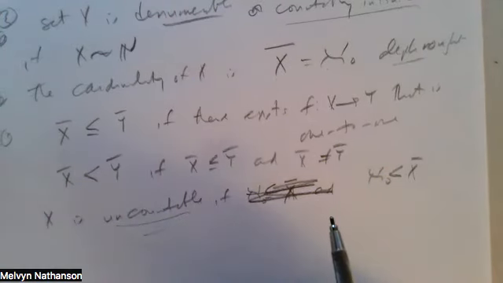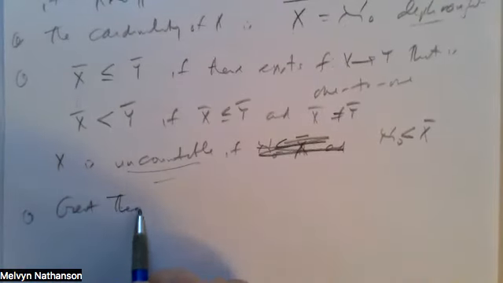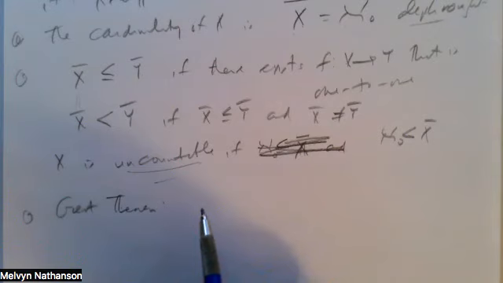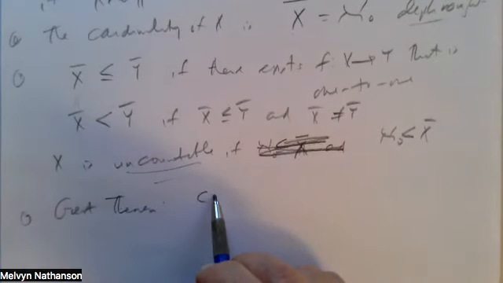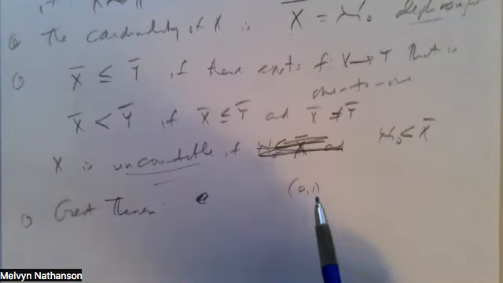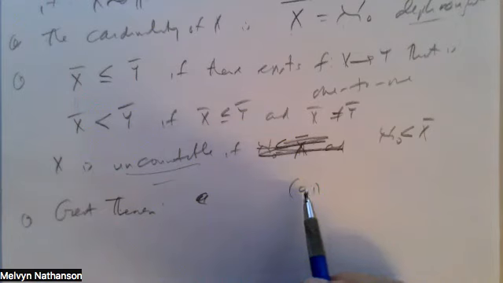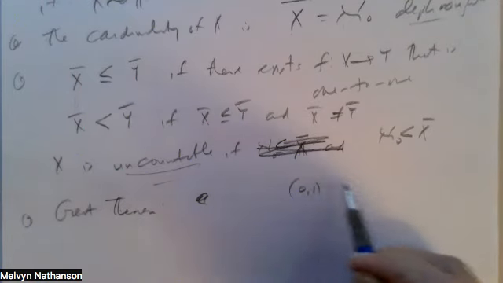That's what it means to be uncountable. An uncountable set is infinite, but cannot be put in one-to-one correspondence with the positive integers. And the great theorem in chapter 11 says, if we take the open interval from 0 to 1, this set is uncountable.